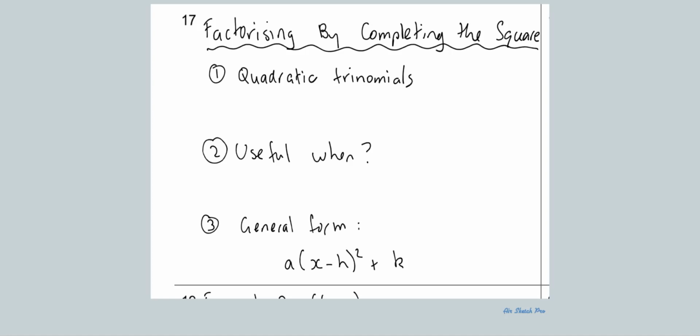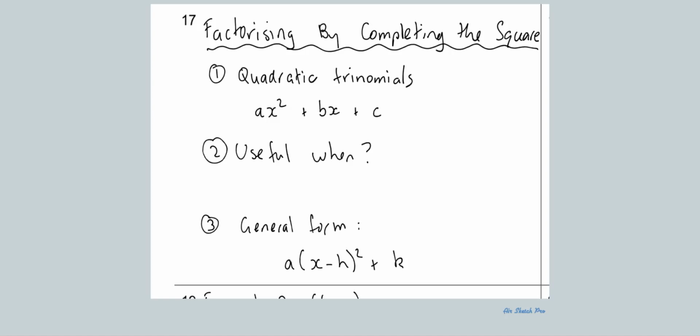Now, quadratic trinomials are trinomials, usually with an x, but it doesn't have to be x, where you've got a variable squared with a coefficient in front, even if that coefficient is 1. And then we've got the variable by itself, usually with a coefficient, even though b might be 1, and then a constant term, c.